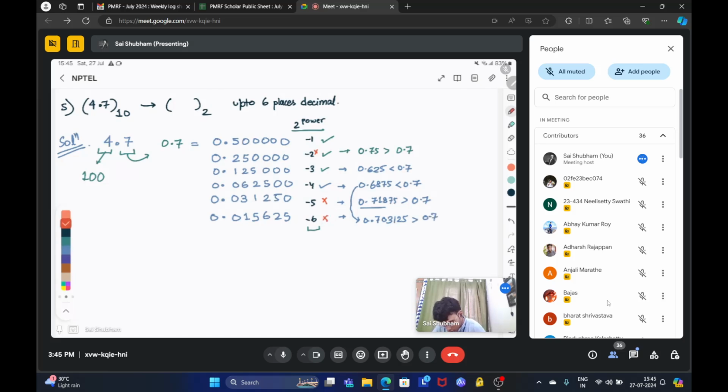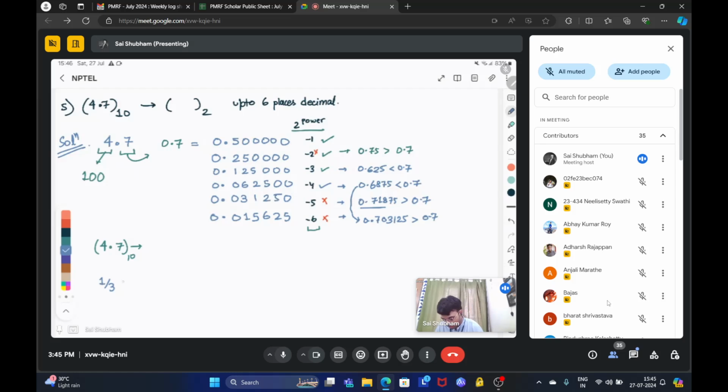Okay, so this is a non-terminating representation, which means that 4.7 cannot be completely represented in binary form. That's why I have told up to 6 decimal places, because otherwise the representation is infinite. For example, take a number such as 1 by 3.